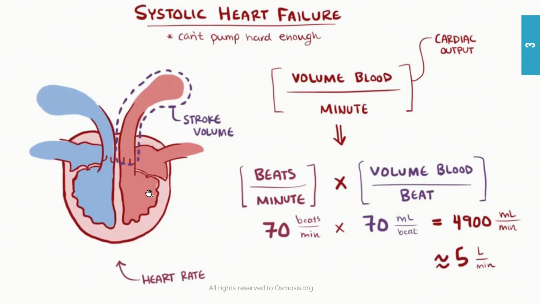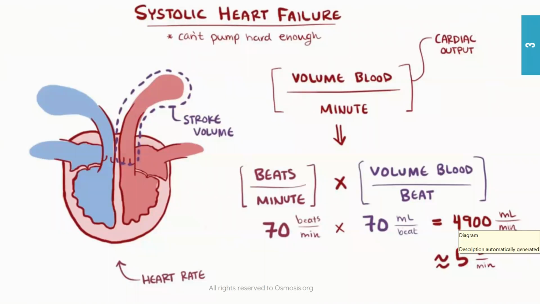So we might have accumulation here in the left ventricle, or we might have accumulation in the rest of the body, or even accumulation in the lung. All these types of accumulation will lead to congestion. This is why it's called congestive heart failure.